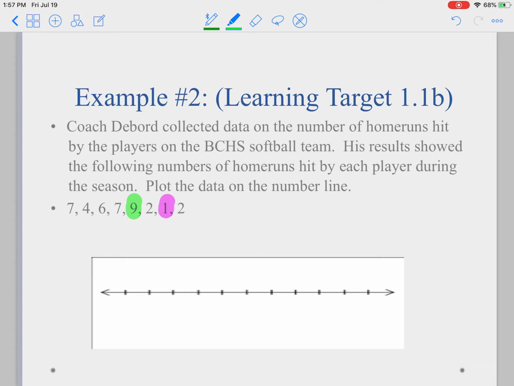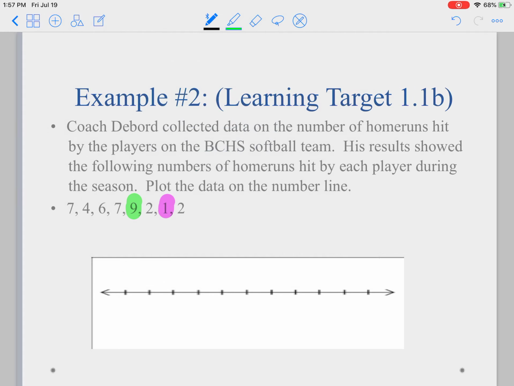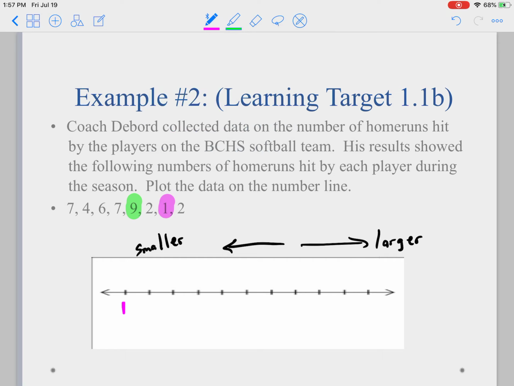So on my number line that is given, I need to be able to have a smallest value of 1. And again, when we look at the numbers on a number line, moving to the left, the numbers get smaller, and moving to the right, the numbers get larger.